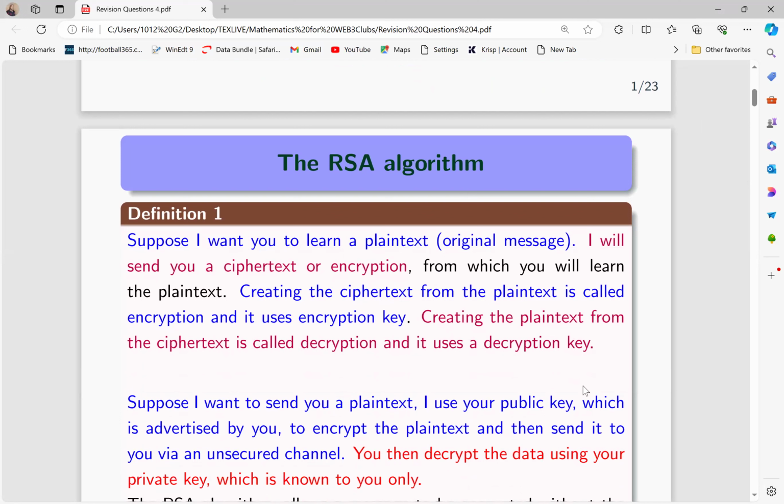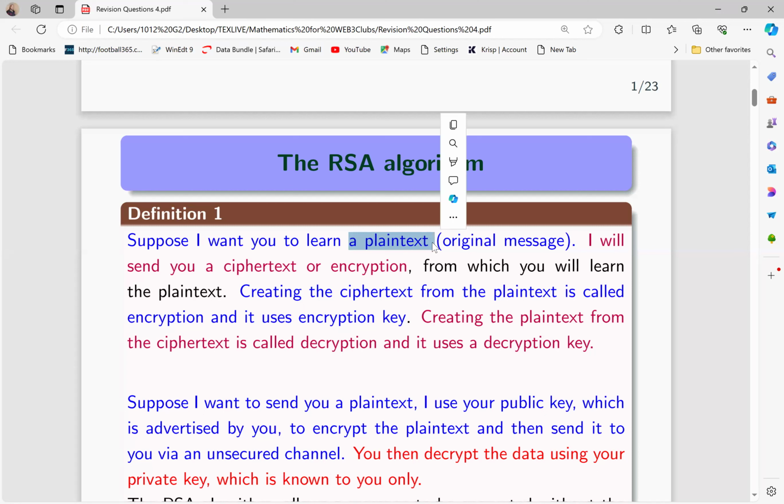I begin with the definition of terms that we're supposed to know before we go to the algorithm. In RSA, if I wanted to send you a message, my original message is what we call the plain text.